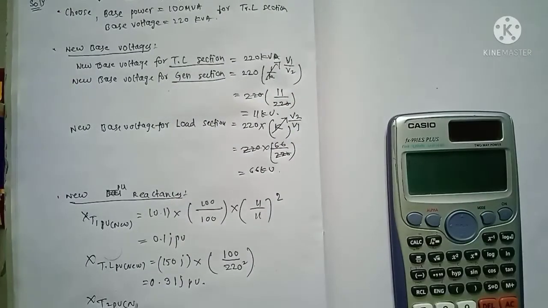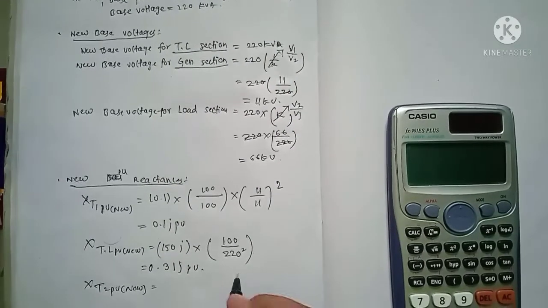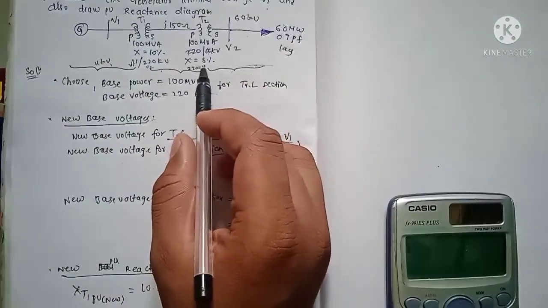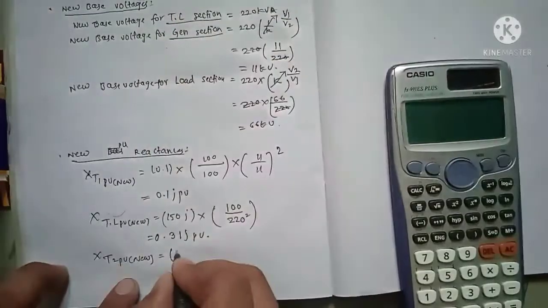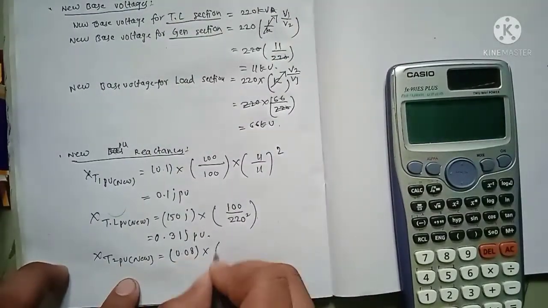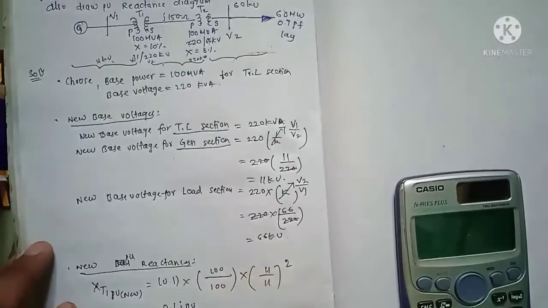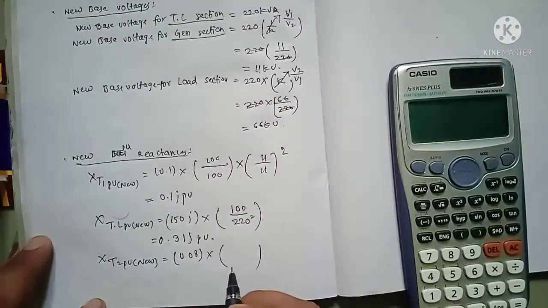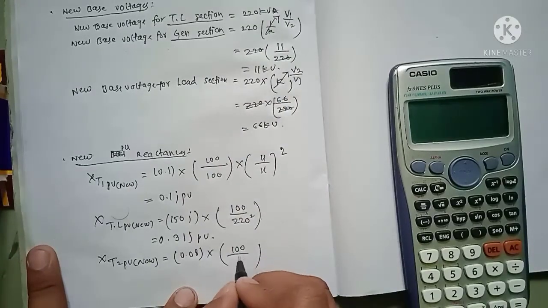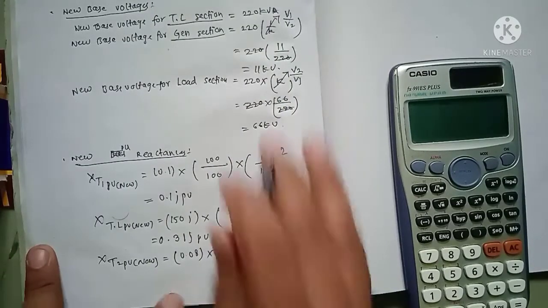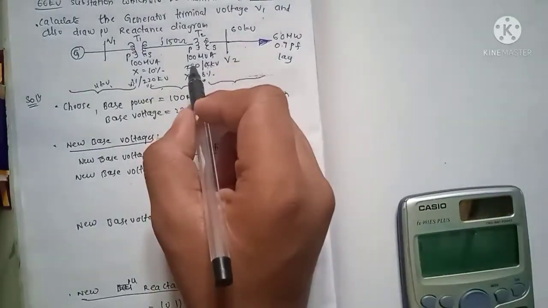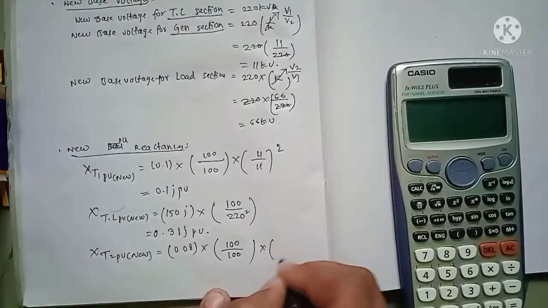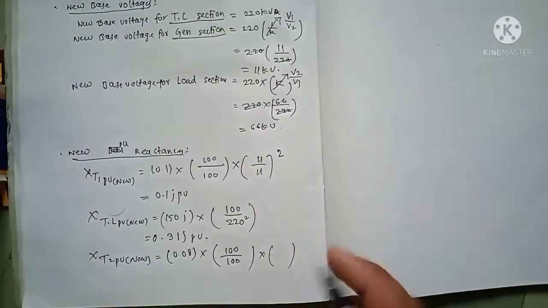XT2 pu new is equal to the old pu, which is 8%, 0.08, multiplied by the power. The new base power is 100 and the T2 old power is also 100, so 100 power, multiplied by the old voltage.